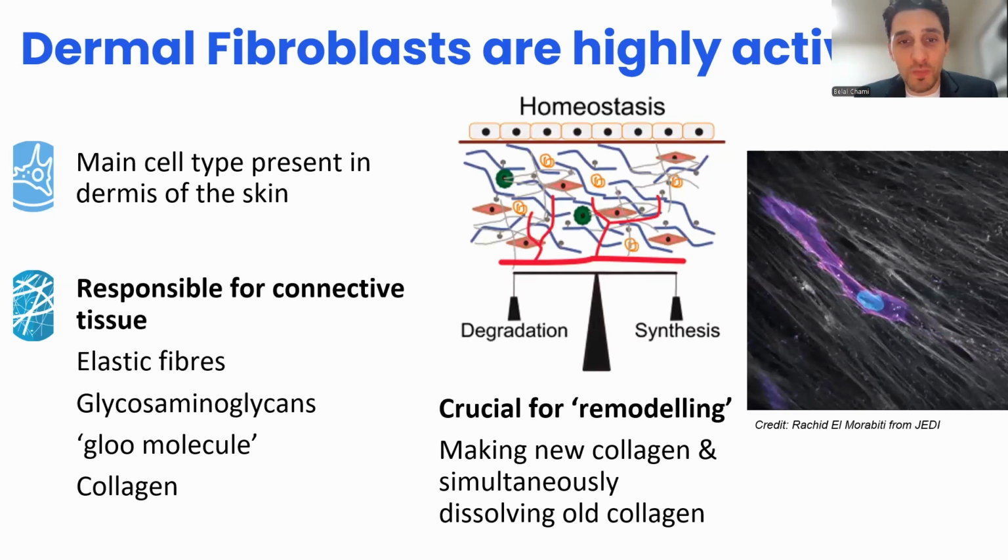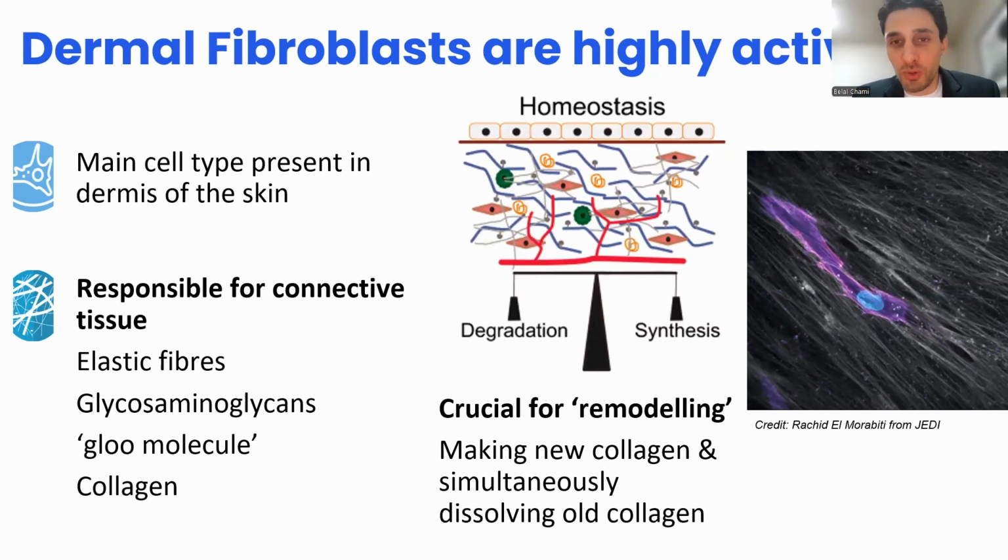That's their main role. They're not just making collagen, but elastin fibers, glycosaminoglycans, otherwise known as the goo molecule. Fibroblasts make up all the extracellular material that makes up the structure and tissue of the skin.